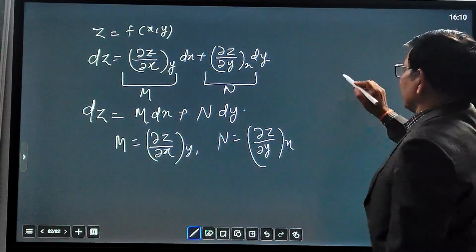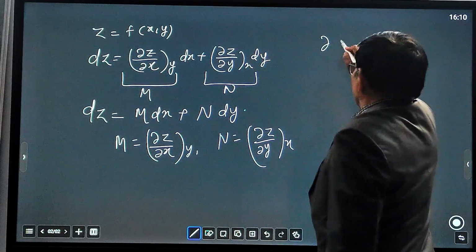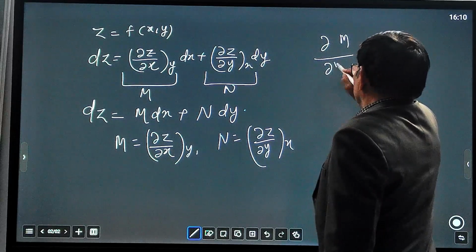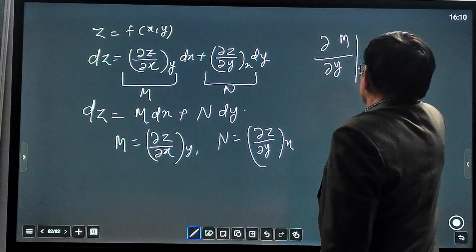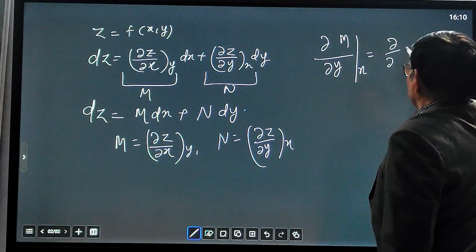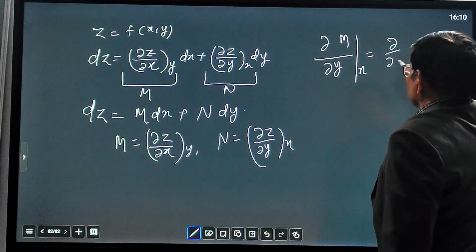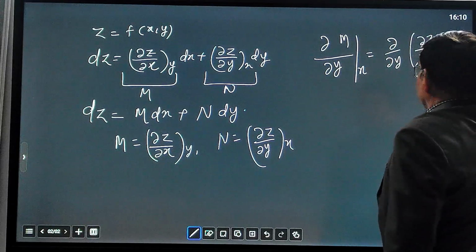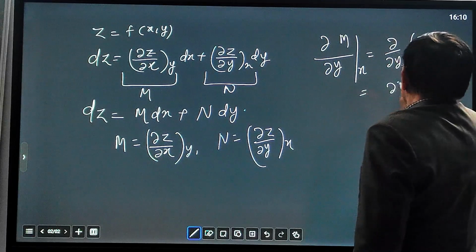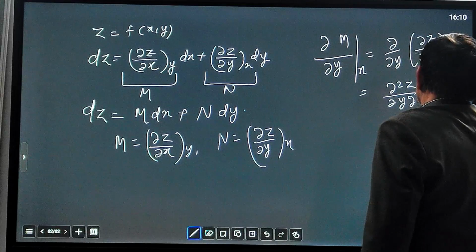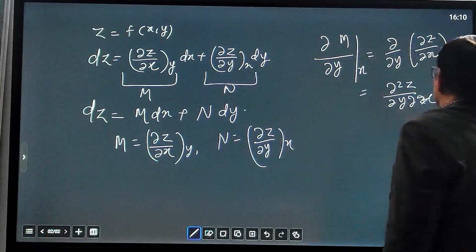So here let us define (∂M/∂y) at constant x equal to ∂/∂y of (∂z/∂x), which equals ∂²z/∂y∂x.